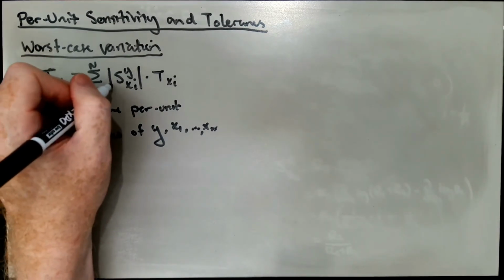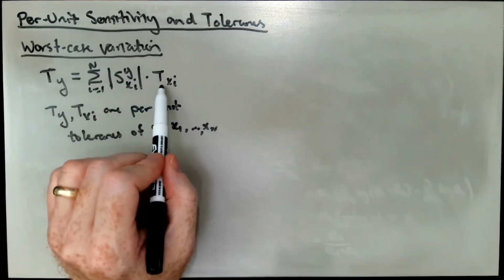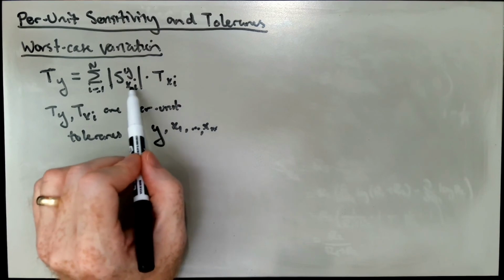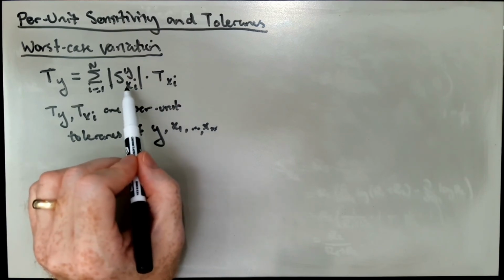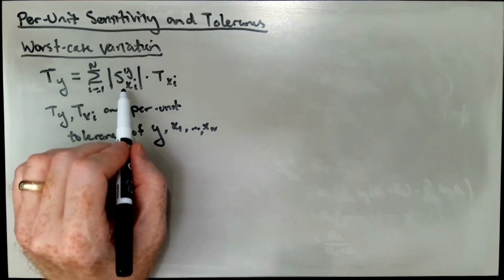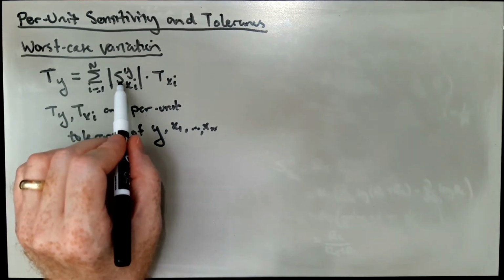So I don't know if the variation is, in worst case, going to be positive or negative in the way that it conspires with the other tolerances, but I can't have a best case scenario where I've got a positive sensitivity and a negative sensitivity compensating each other.